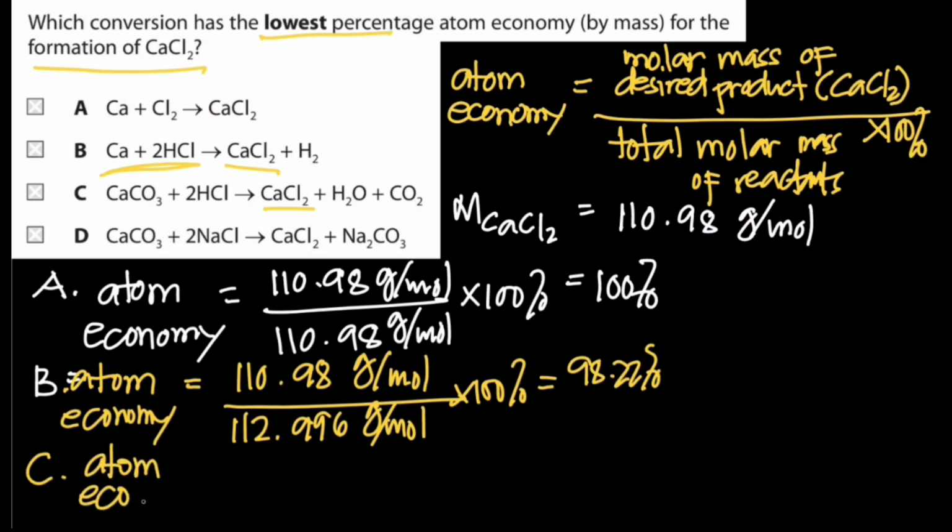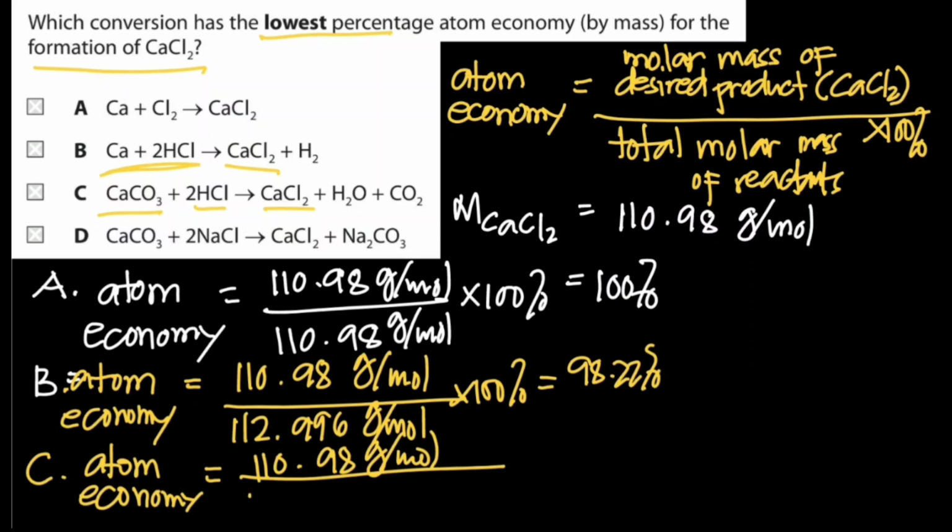And for letter C, the atom economy of conversion C is 110.98 grams per mole divided by the total molar mass of the reactants. The reactants here are CaCO3, calcium carbonate, and 2 moles of hydrochloric acid.